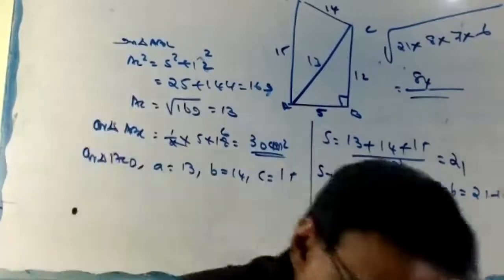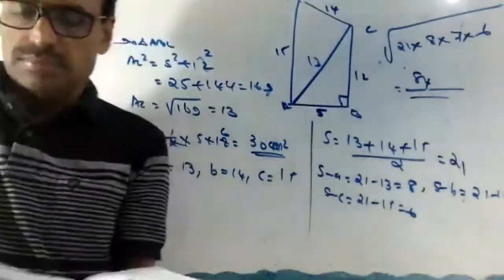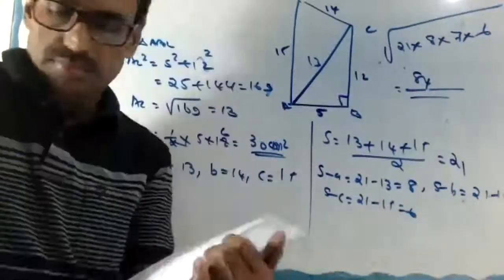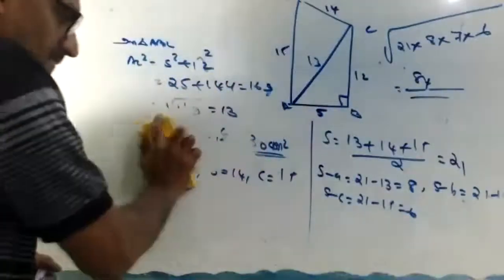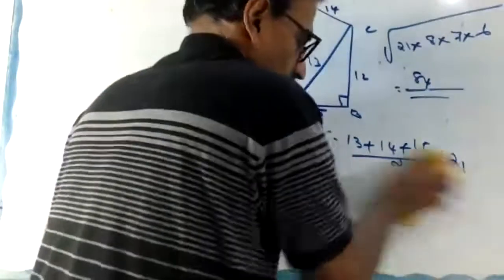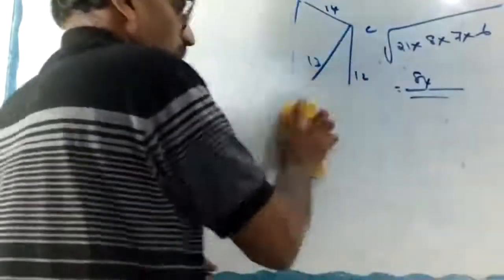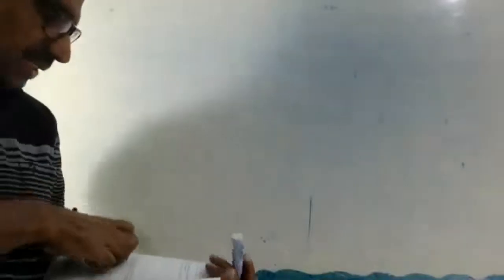Okay, look at this question now. The sides of a quadrilateral taken in order are 26.